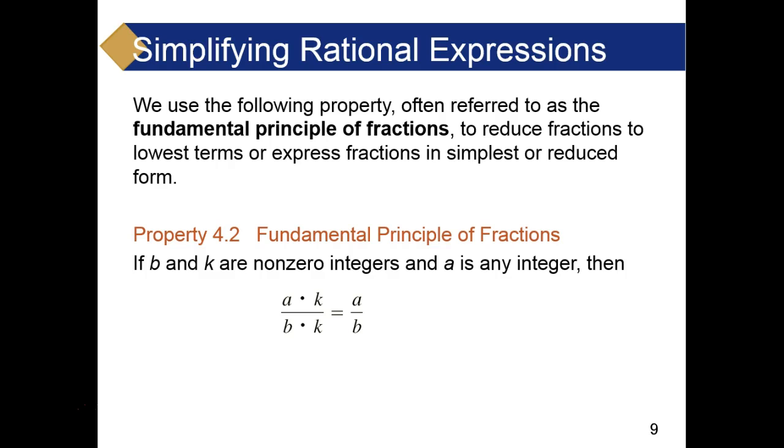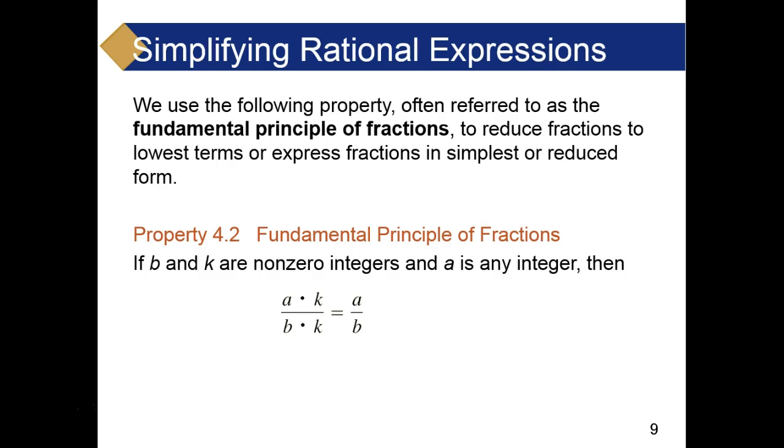Now, we'll use the following property, often referred to as the fundamental principle of fractions. We've been waiting for this one, haven't we? To reduce, and you've done this before, to lowest terms or express fractions in simplest or reduced forms. All those things mean the same. If you have a ratio of 2 numbers or 2 expressions, 2 anythings, and find out you can factor that by the same quantity, or multiply by the same quantity, then guess what?